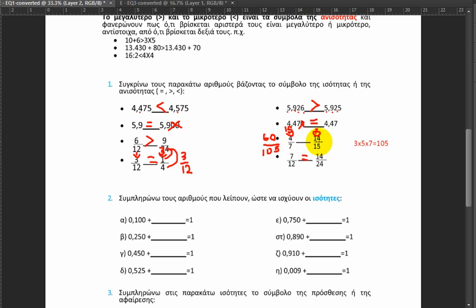And 7 times 14 is going to give us 98 over 105. And 98 is more than 60, so this is greater.